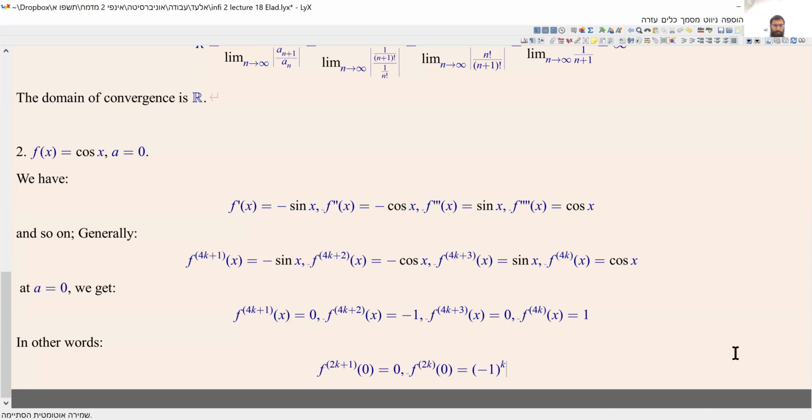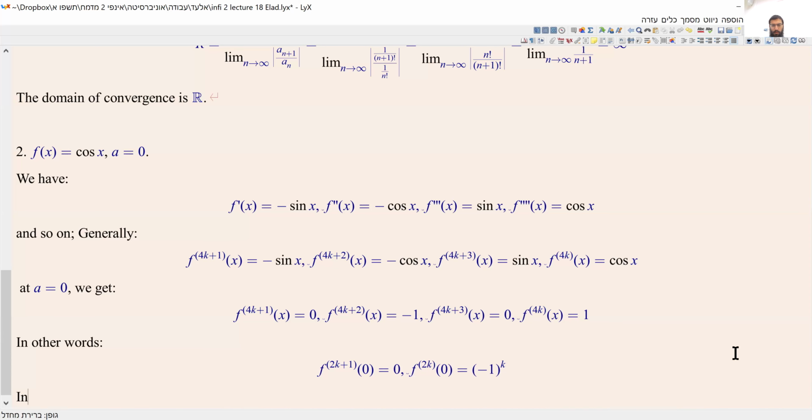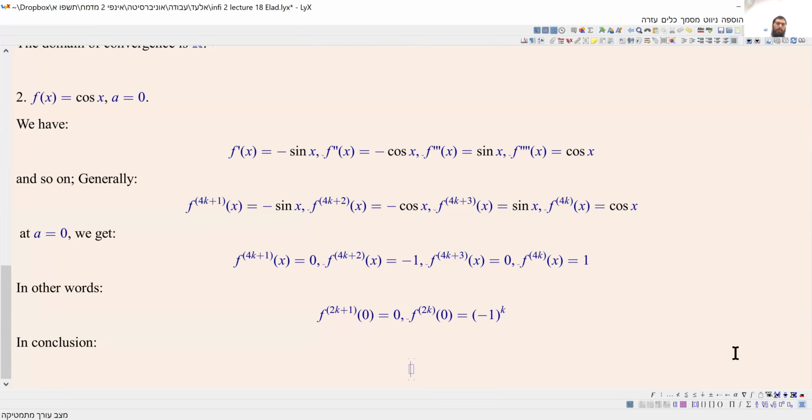So in conclusion, we have cosinus 6 to be the sum of minus 1. I changed the letter from K back to N. Only the odd.